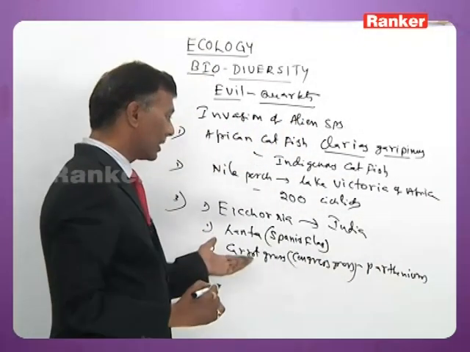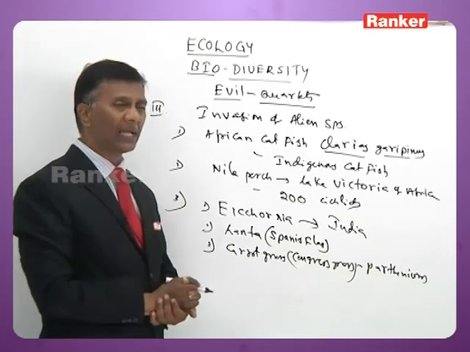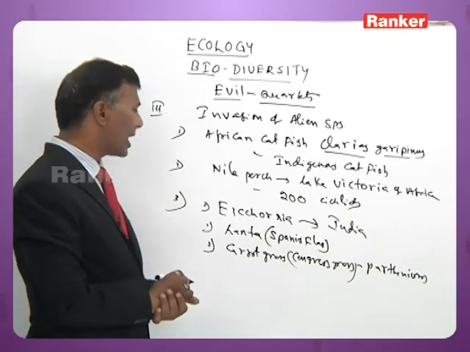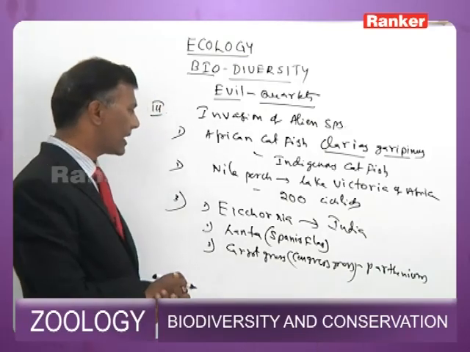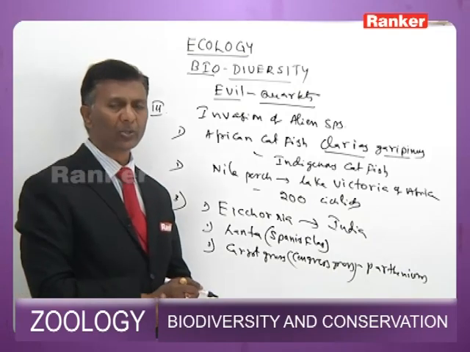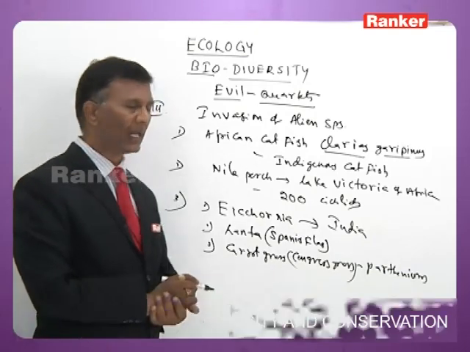It is also considered a super weed in India. So Eichhornia, water hyacinth. Number 2, lantana, Spanish flag. Number 3, carrot grass or Congress grass, or Parthenium hysterophorus. It is also a kind of weed introduced from other countries into India.